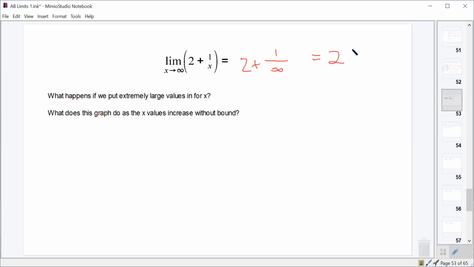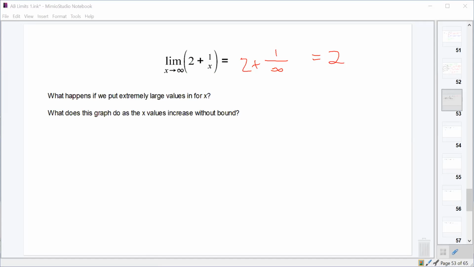What is this graph going to do then as x goes towards infinity? It's going to approach 2. Exactly. And what do we call that? Horizontal asymptote.